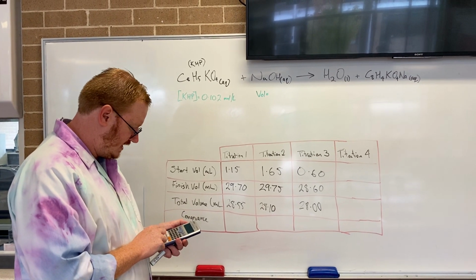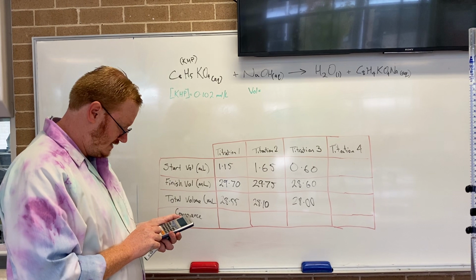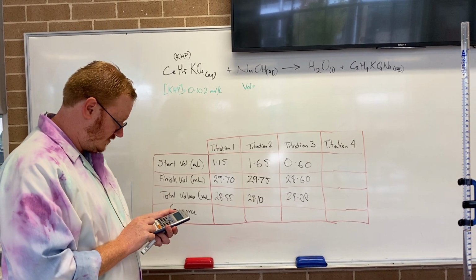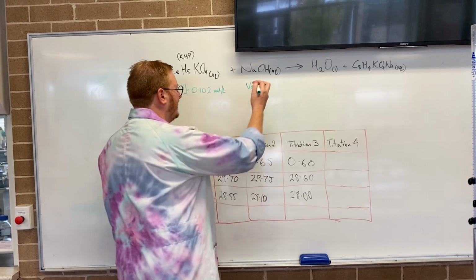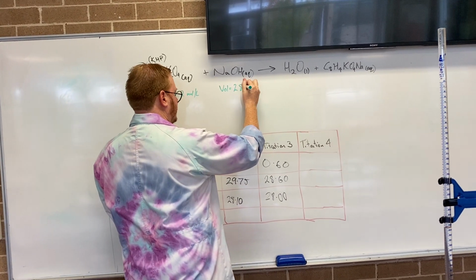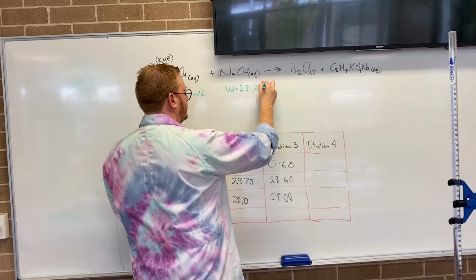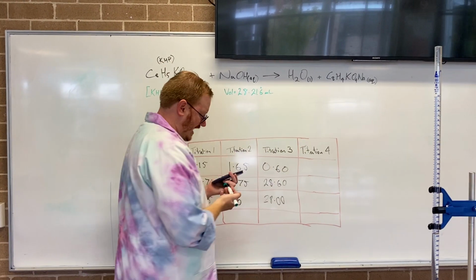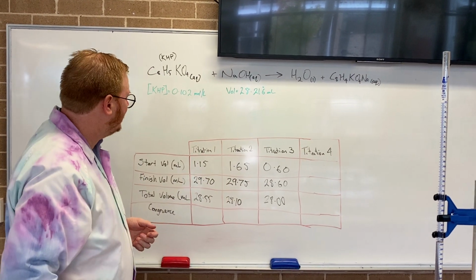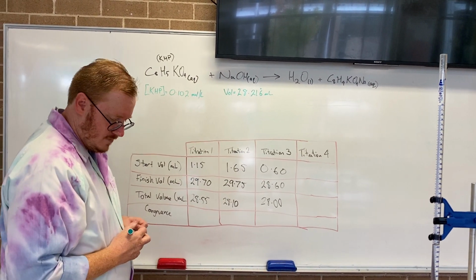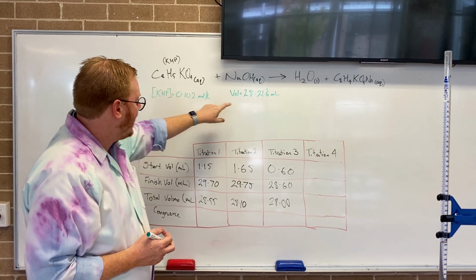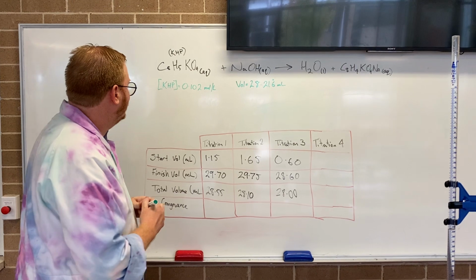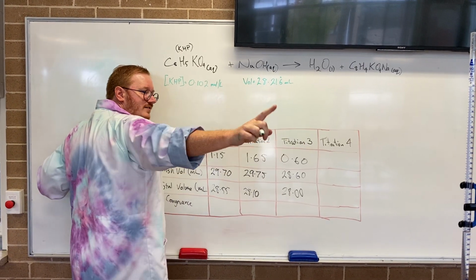So add them together and divide by 3, because I've got 3 values, and I get 28.216 repeater milliliters. I don't need to round now, I only need to round at the end, so I'm trying to put as many significant figures in there. I'm hoping to get 3 significant figures at the end, so I need at least 3 there, a little bit more. Okay. We've got our volume of our sodium hydroxide from the burette.